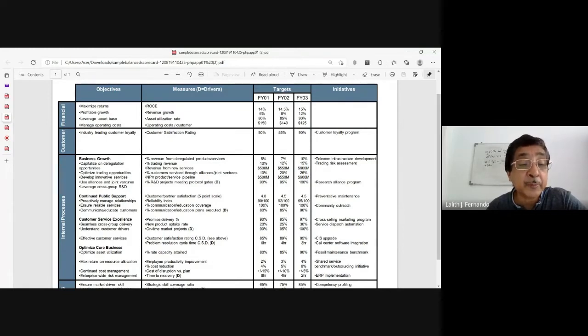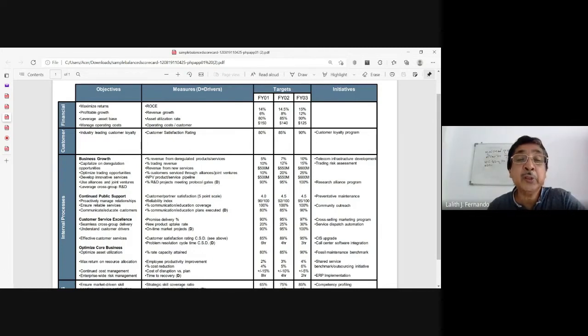Then if you go into optimize core businesses: optimization of asset utilization, maximum return on resource allocations, continued cost management, enterprise-wide risk management. Now all these things will be taken as optimization of core business.